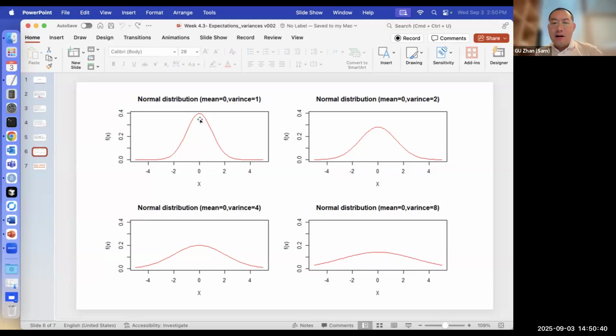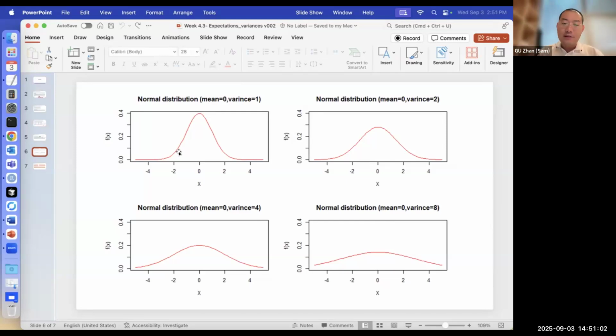Earlier, in the standard normal with zero mean and unit variance, you see a higher peak. When you spread to the two tails, in order to maintain the area under the curve equal to 1, you need to reduce the peak of the curve. This is the probability density function.